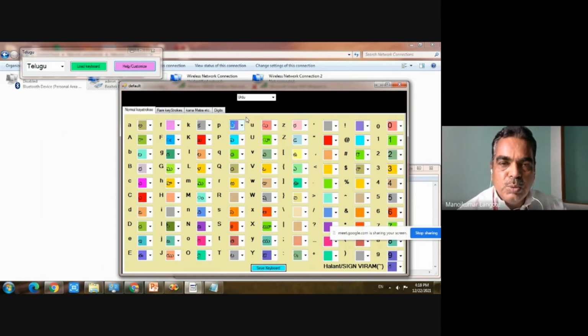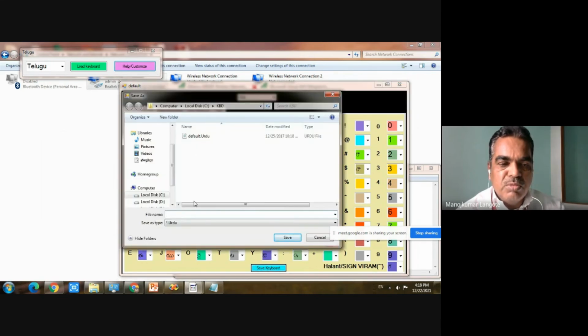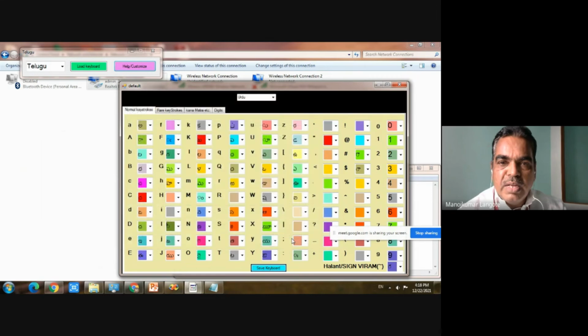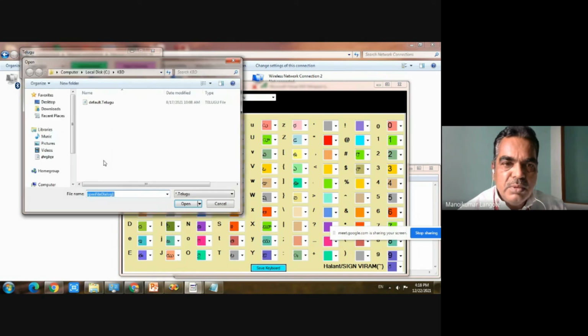I can show you. Okay, so I will save this as one keyboard, suppose 1 is the name of that keyboard. I will save this, and I have used P for that. So I will load the keyboard with Urdu.